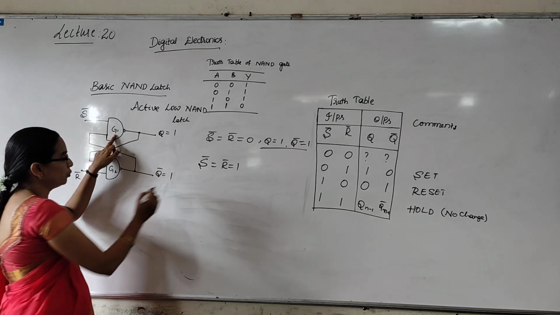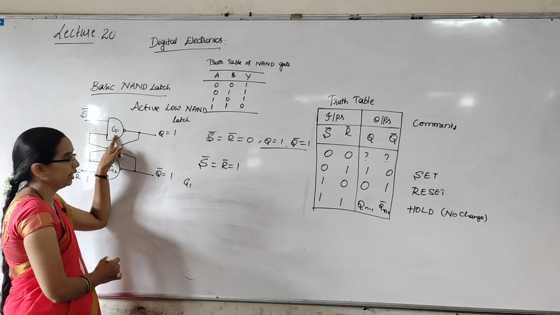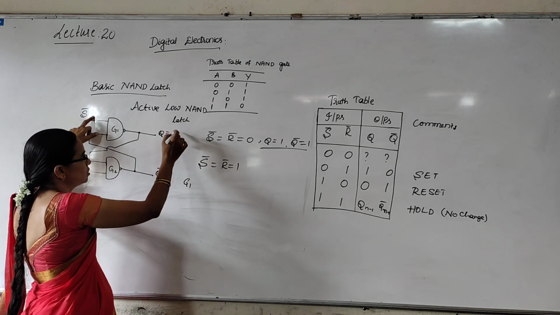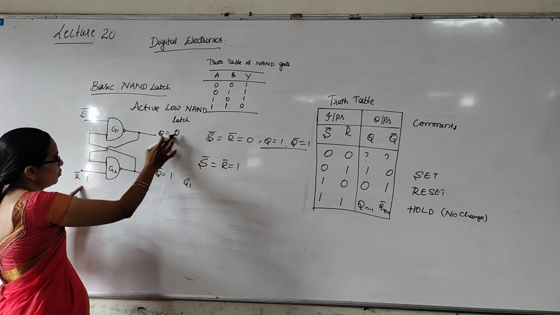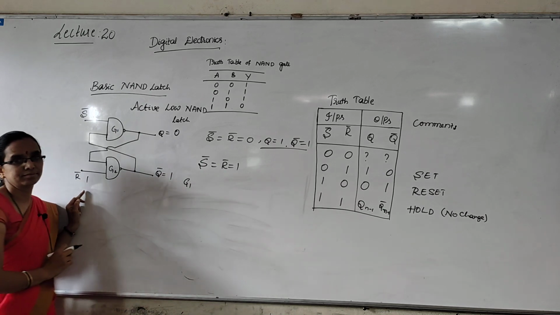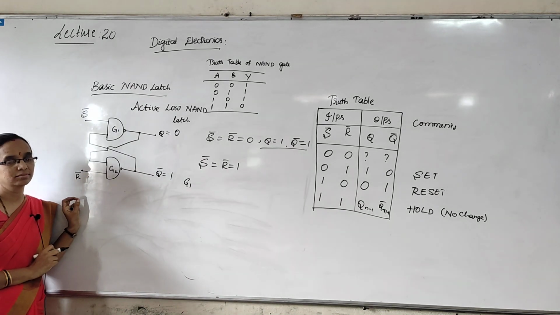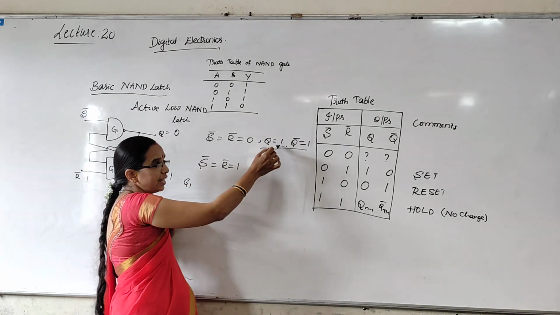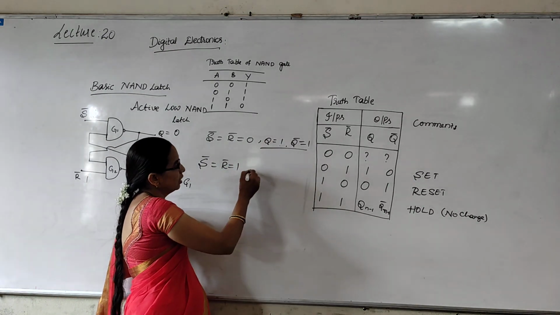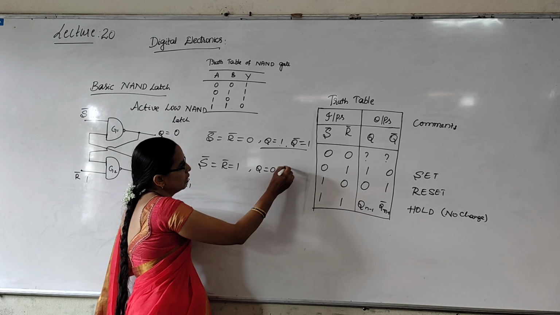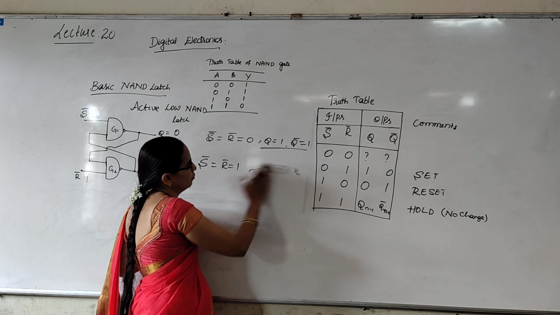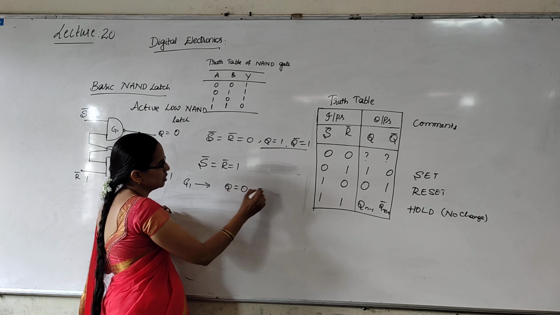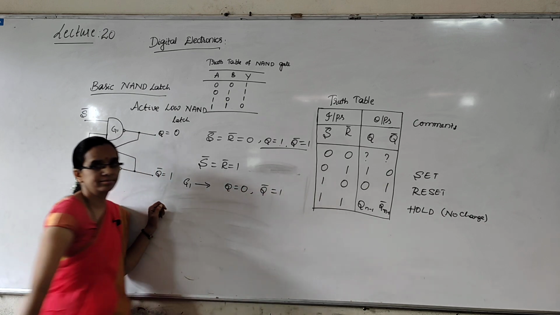If I am going to analyze G1 first, gate 1, 1 and 1 leads to 0, 0 and 1 leads to 1. That means the Q output does not retain its state. When I analyze gate 1 first, Q is equal to 0 and Q bar is equal to 1.